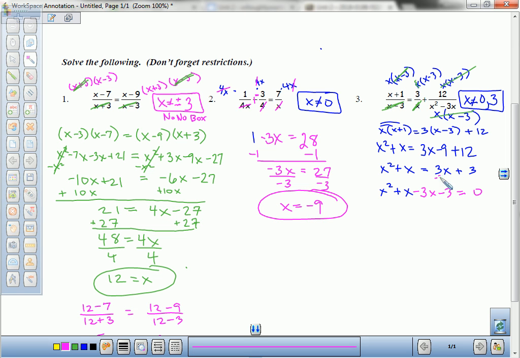And we know that because we're subtracting 3. What happened to the 9? The negative 9 and the 12 made a 3. No. Alright, so this gives us x squared minus 2x minus 3 equals 0.